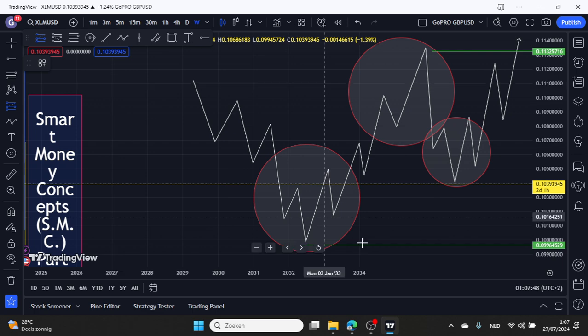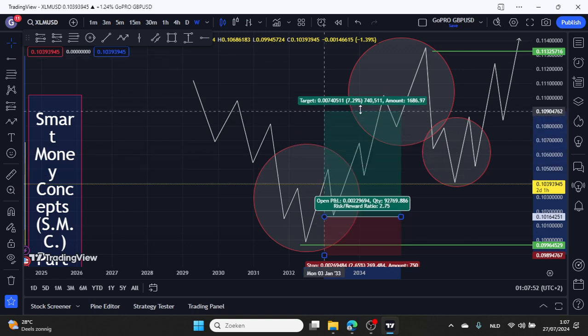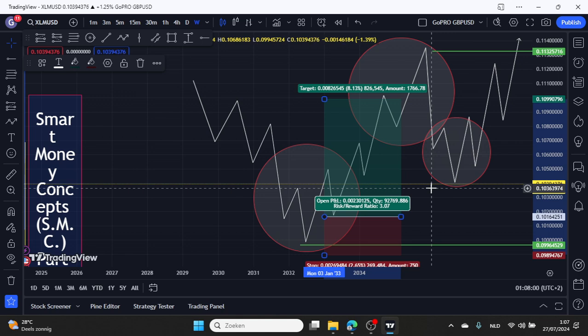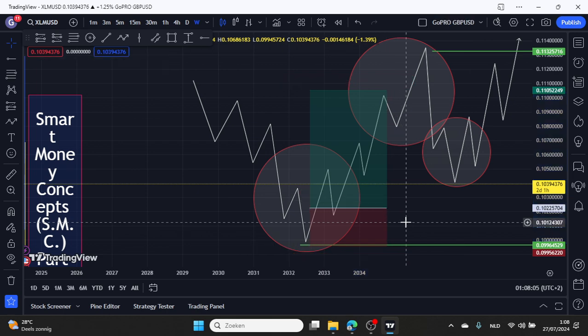This is how we would look for entries in smart money, and we would target a 1 to 3 in this case. There are even way better risk reward ratios, but for now, I only want to show you this. This is probably one of the most common setups in smart money concepts, and it plays out pretty well if your bias is correct and you can read the fractals.